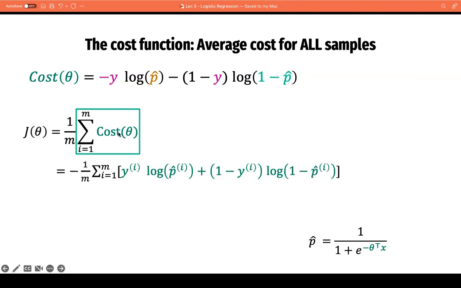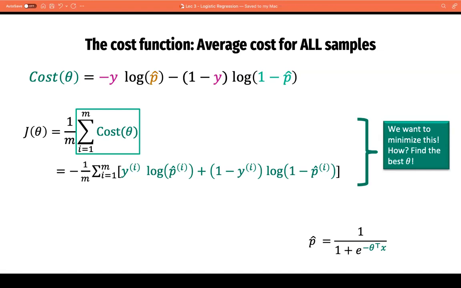Replacing this cost with this equivalent equation, we have negative 1 over m, and the sum of all the cost: y times log of p plus 1 minus y times log of 1 minus p. Note that here we have added a subscript i, which means that we are computing for each instance or each sample.